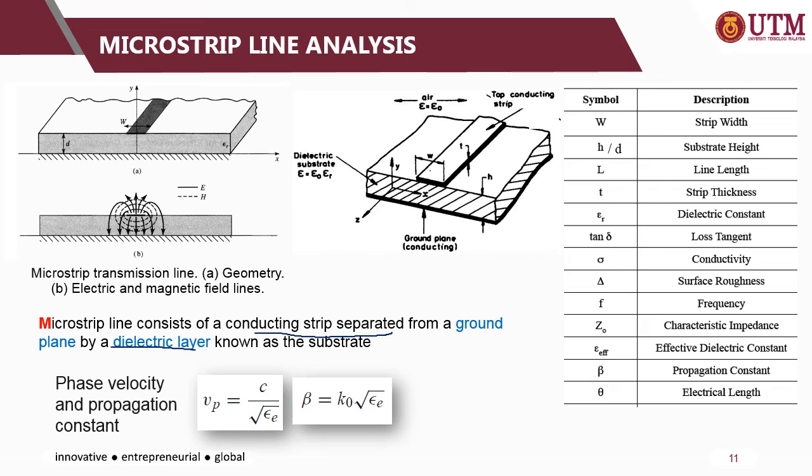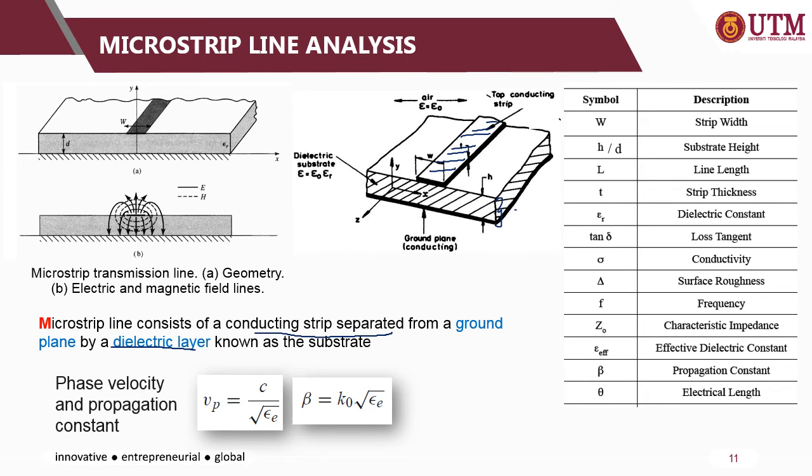So you have this metal strip, separated by a dielectric or substrate material, and you have another layer of ground plane at the bottom. But for strip line, the metal strip is in between two metal ground planes.